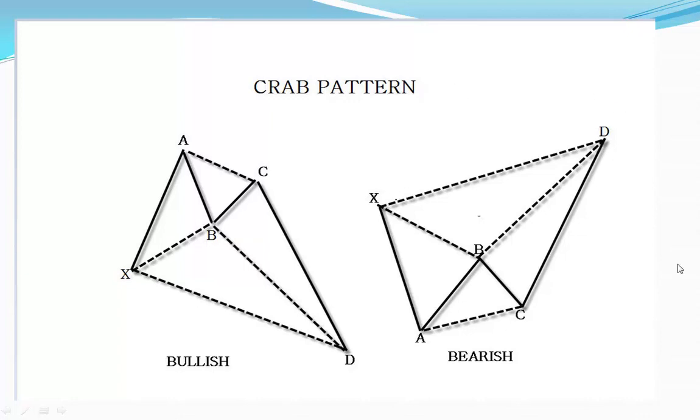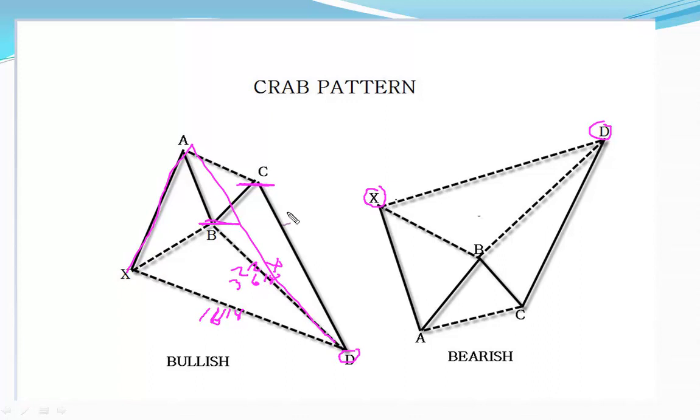All right. So the crab pattern, similar to that butterfly we looked at earlier, has a much longer type of pattern, where this swing here would be 1618, 1618 down from here to here, and then from your B to C, and it's rare you see this, it's a 224 to 3618 extension.